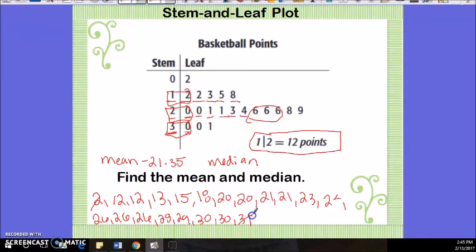So we're going 1, 1, 2, 2, 3, 3, 4, 4, 5, 5, 6, 6, 7, 7, 8, 8, 9, 9, and we have these two in the middle. 21 plus 23 is 44, divide by 2 is 22, or just the number that's going to be in the middle of those, which we know the number that comes in between 21 and 23 is 22. Any questions so far?